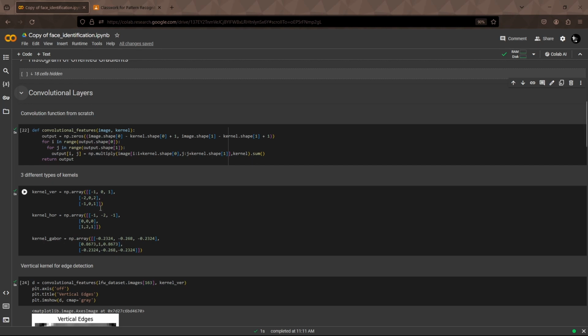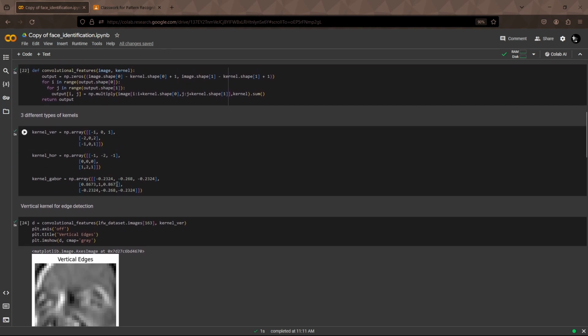After applying the kernel, the new matrix we obtain has dimensions image height minus kernel height plus 1, and image width minus kernel width plus 1. This is a function which implements the convolution, and we have done this for three kernels: one for detecting horizontal edges, one for vertical edges, and another is a Gabor matrix.